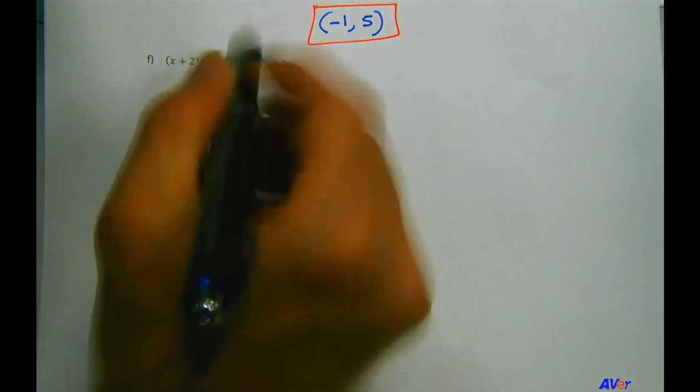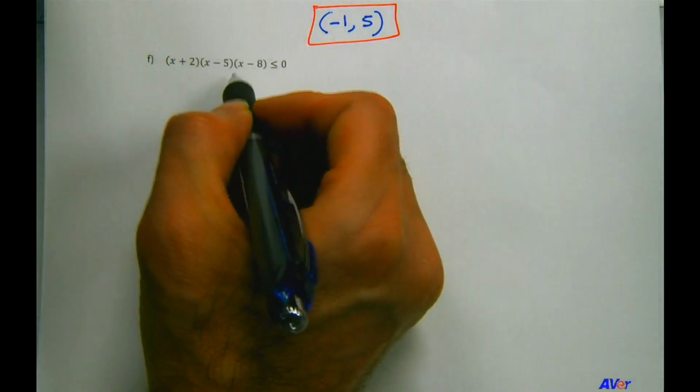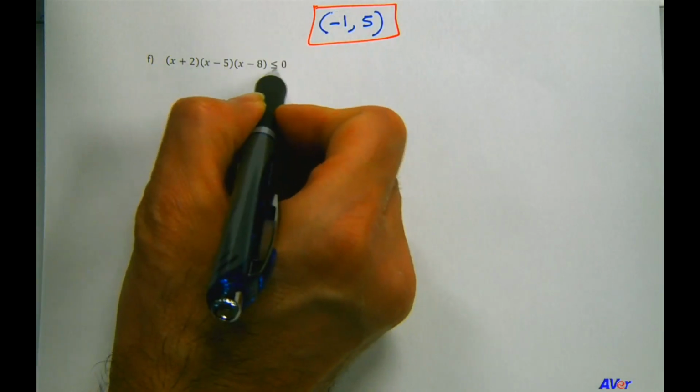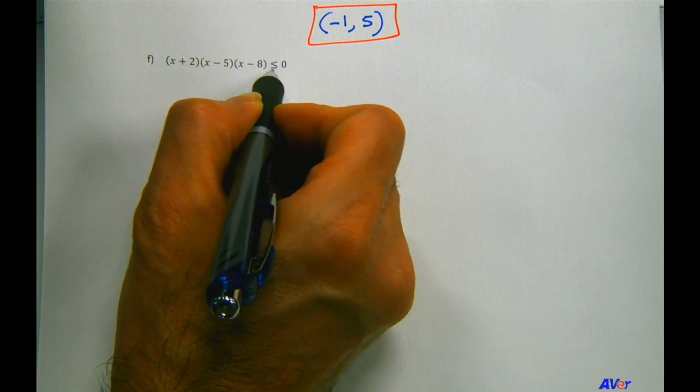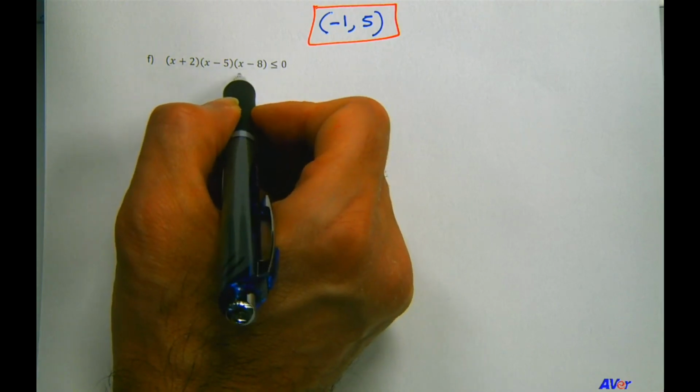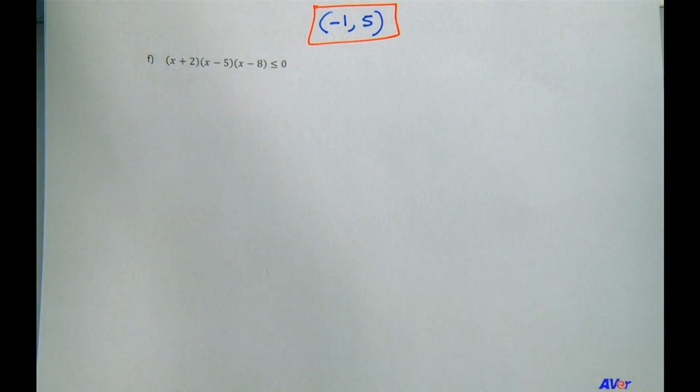In this case, the boundary solutions will be part of the final solution because of this equality symbol under the inequality. Because of that equality, it means that the left side can be equal to 0. So the boundary solutions will be part of the final solution.